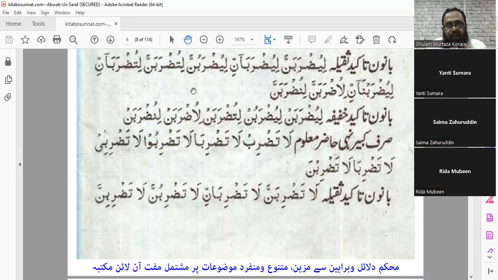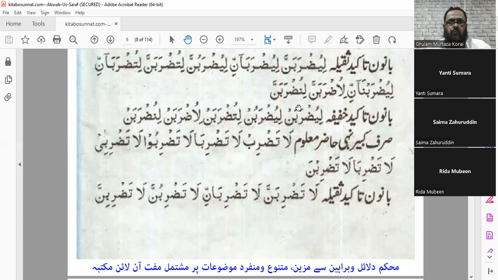So it makes Felul Muzare majzum, and jazm has a different amal on different sigas in different ways. So the meaning, for example, of la tadrib would be a prohibition order.